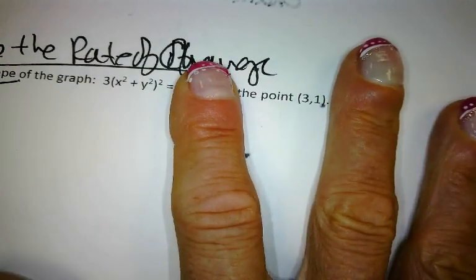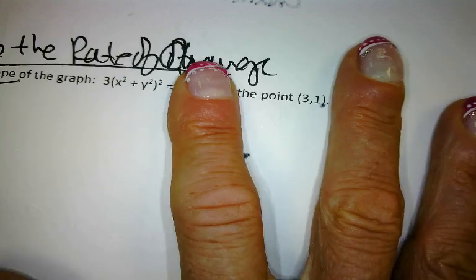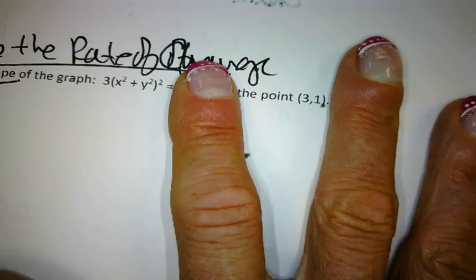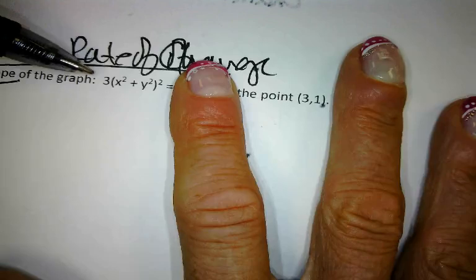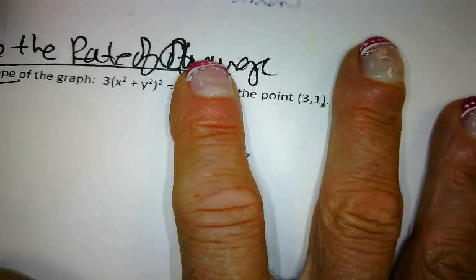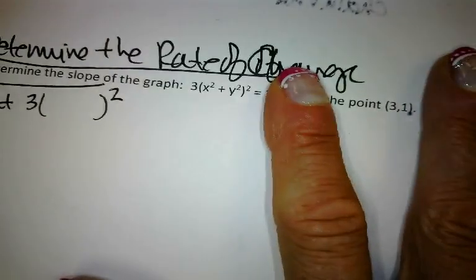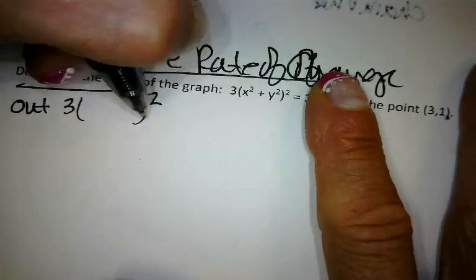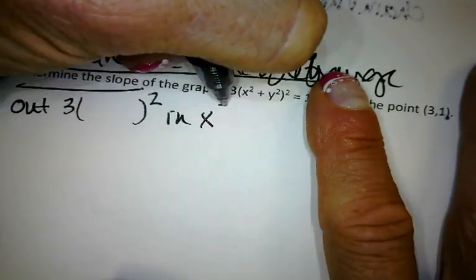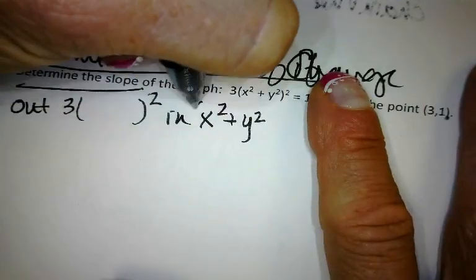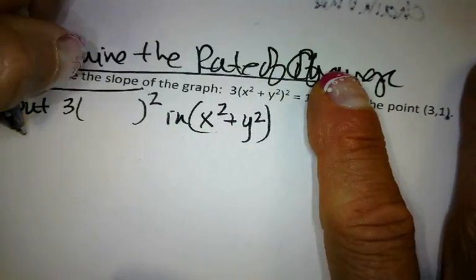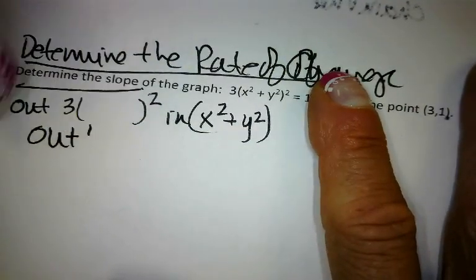So first of all, the outer function is 3 times something squared. And the inner function is x squared plus y squared. So now if I take the derivative of the outside, it is going to be 6 times something to the first power, and that something is x squared plus y squared.